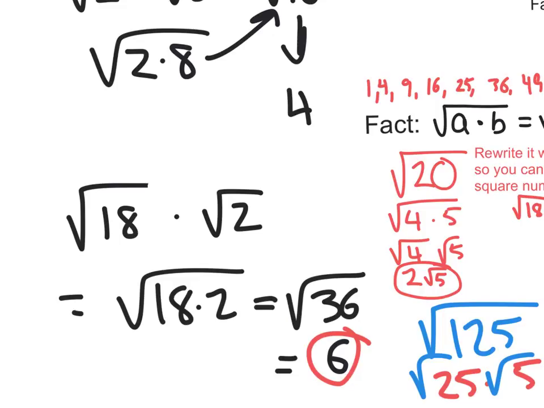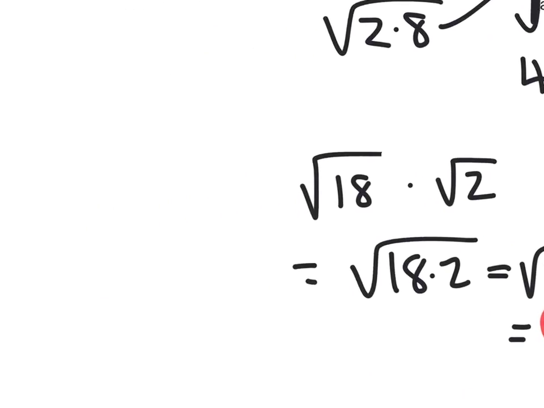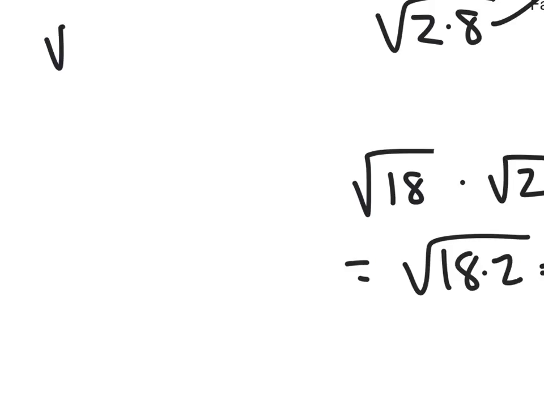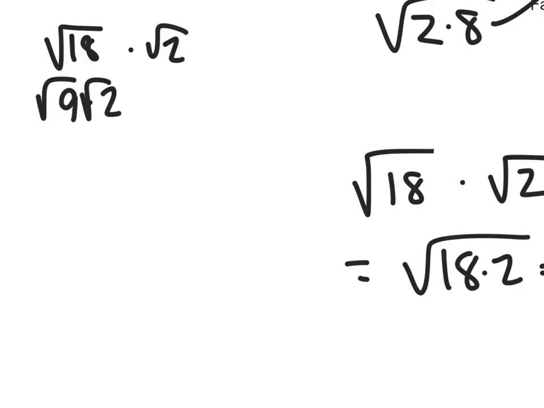Now, you could have done it a different route. There's always many roads to the same place in math. For example, you could take the square root of 18 times the square root of 2 and then split the square root of 18 into 9 times 2. That way you could simplify the square root of 9, but you still have a square root of 2 and a square root of 2.